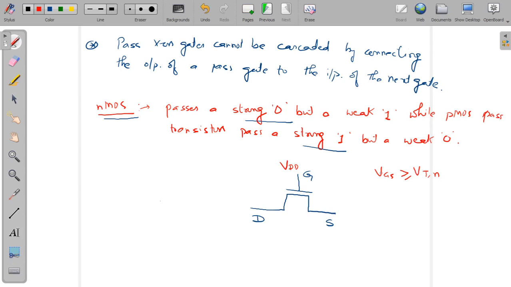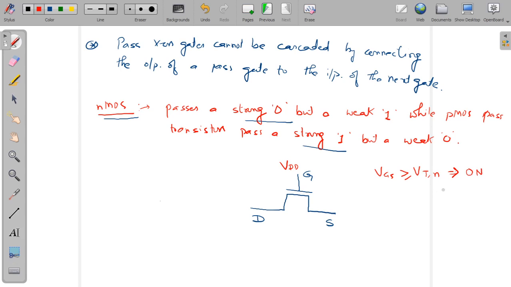that was to be able to operate in linear or saturation mode. But this was the basic condition, that this implies that the NMOS is actually switched on.